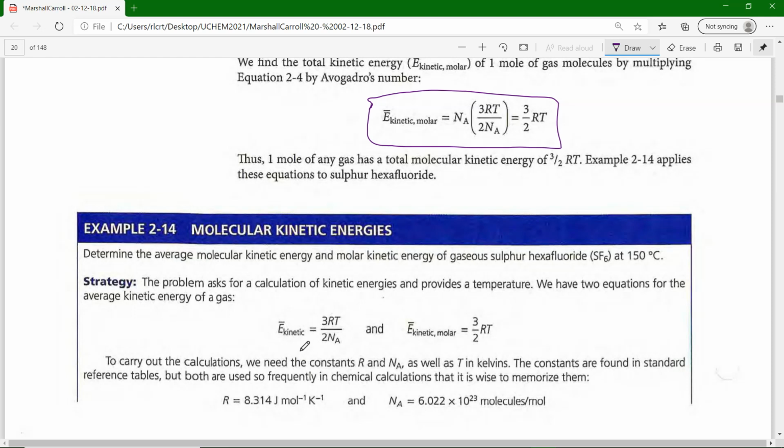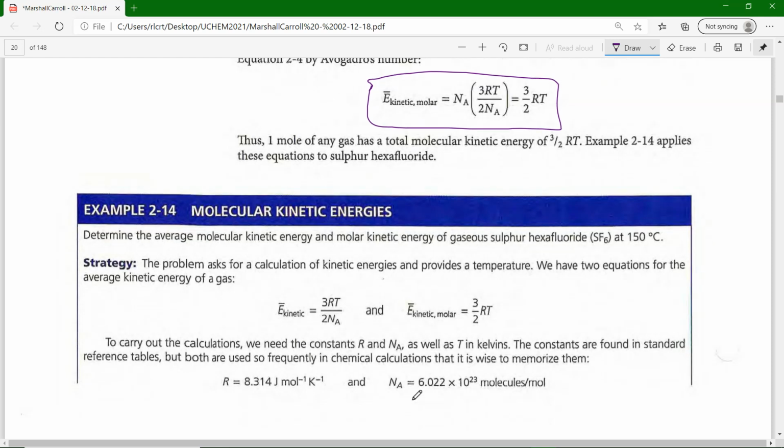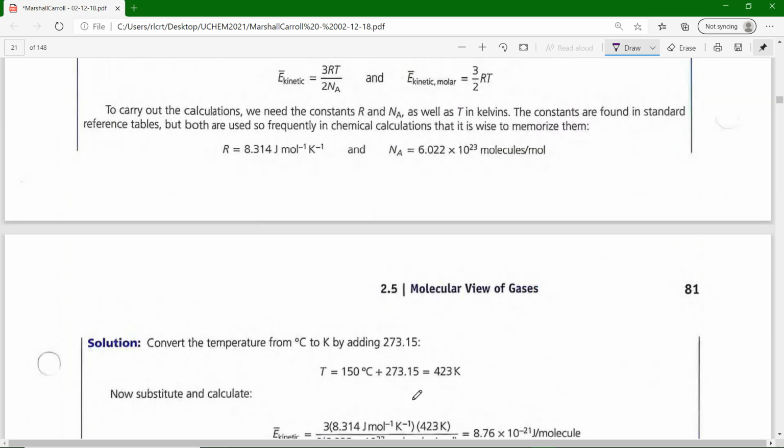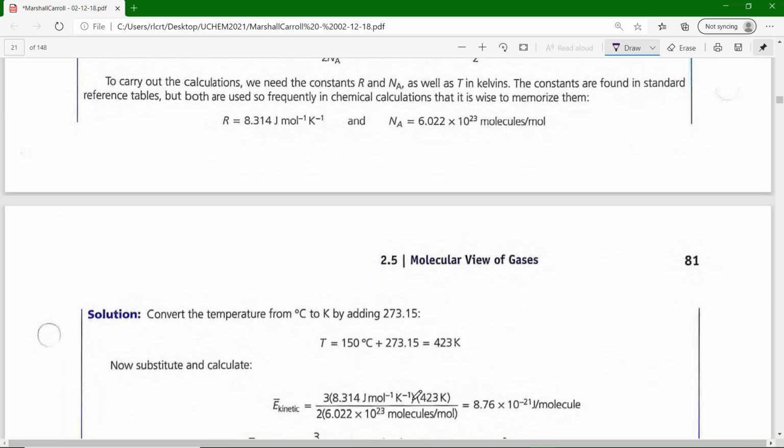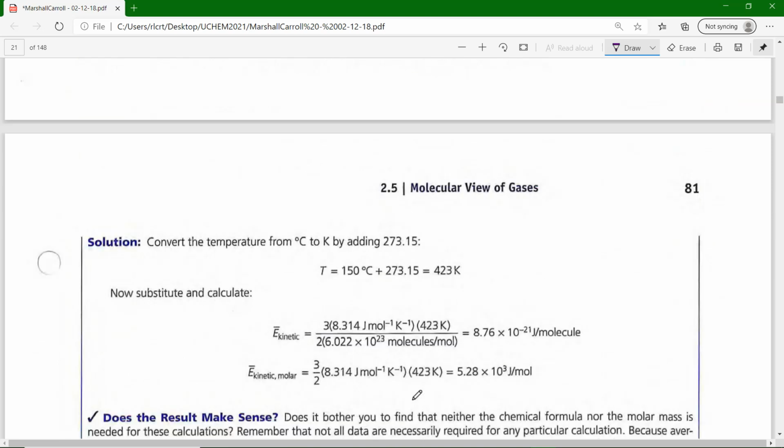We want the constant R and Na as well as the temperature. The constants are found. R is 8.314 joules per mole per Kelvin. That's one of the values of R, and that'll become more important as we go through the course. And there's my Avogadro's number. So convert the temperature to Kelvin from Celsius.